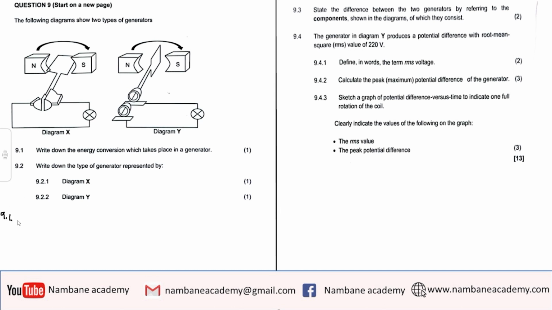At 9.1, the diagrams below show two types of generators, diagram X and Y. Write down the energy conversion that takes place in a generator. So this is just a direct question for generators.